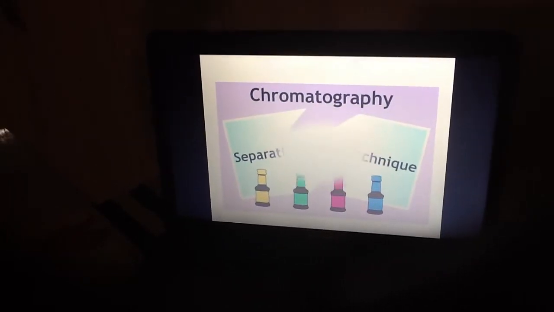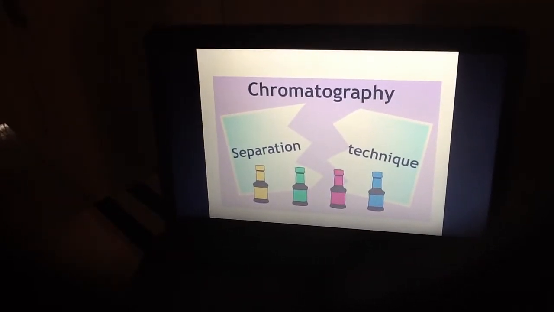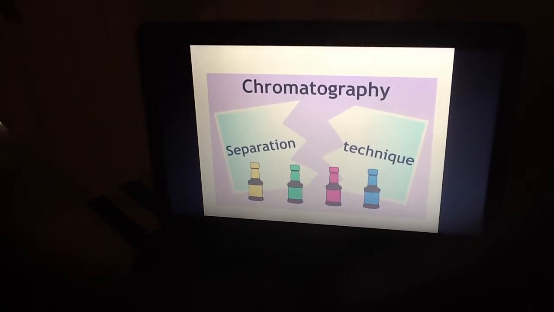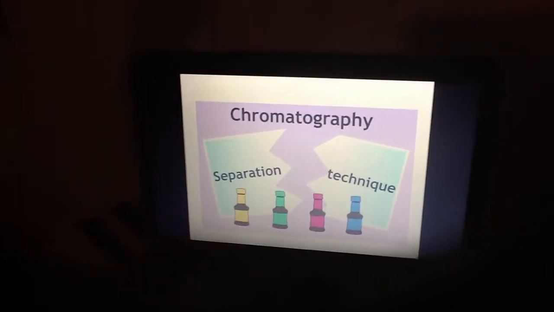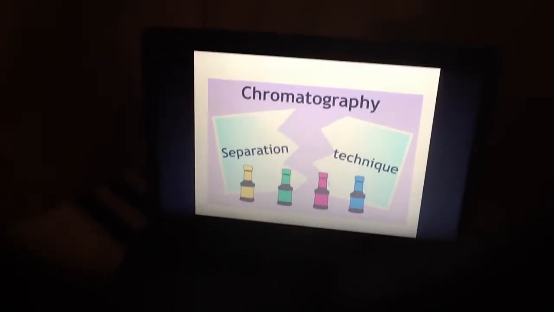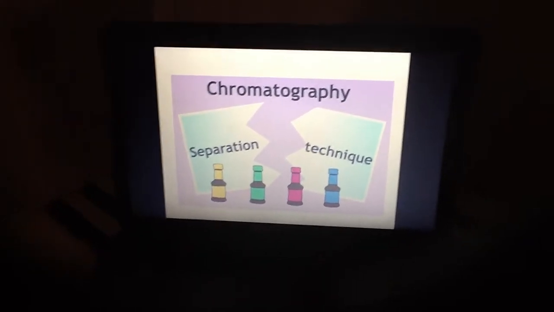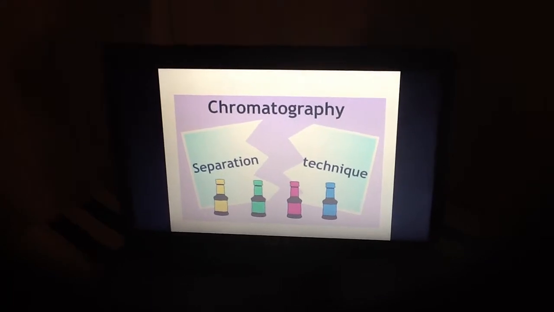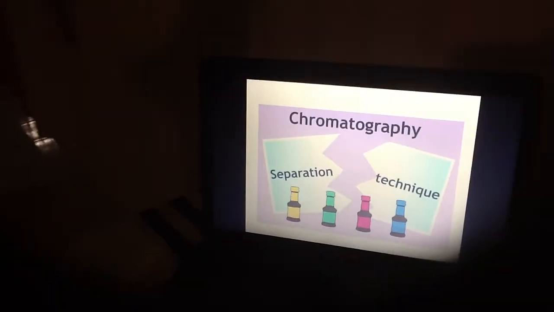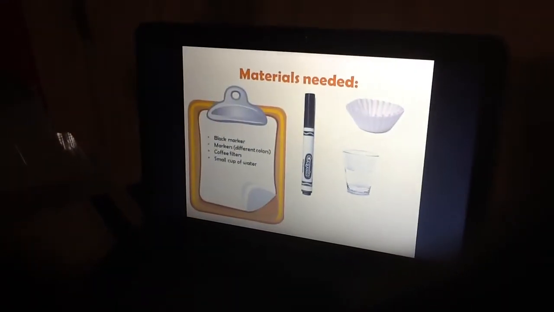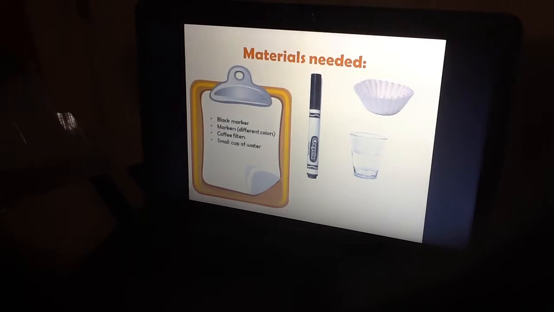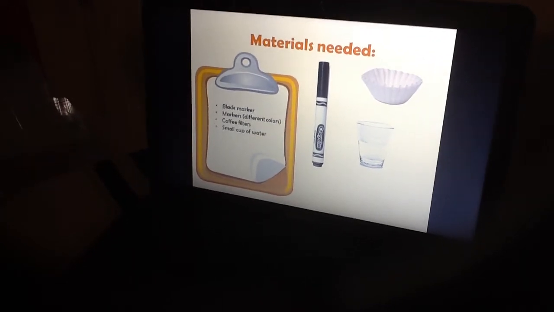So before we start, let me tell you that we're going to test if black is one color or several colors combined by using a process called chromatography. And this is a separation technique of pigments. So if a color is composed by several colors, we're going to discover the hidden colors of that color through this process. So here are the pictures of the materials we are going to need: black marker, the coffee filter, the small cup of water, remember?